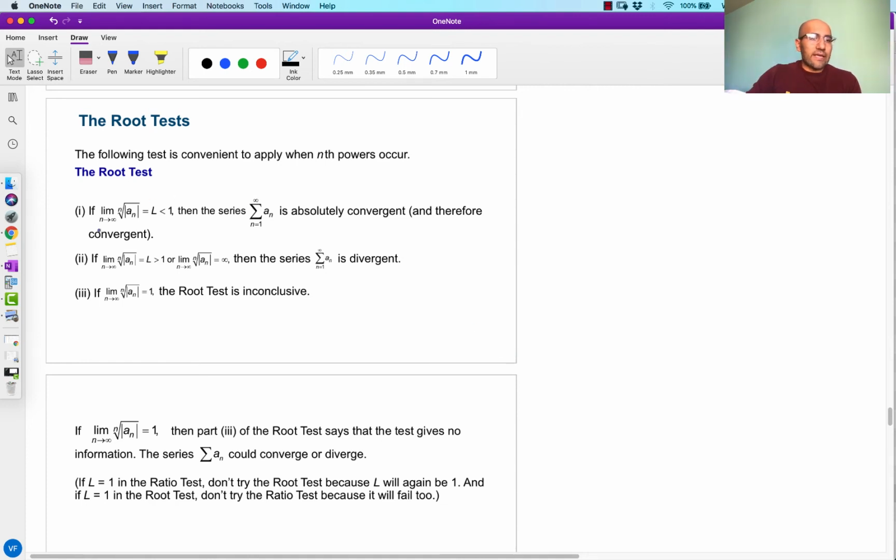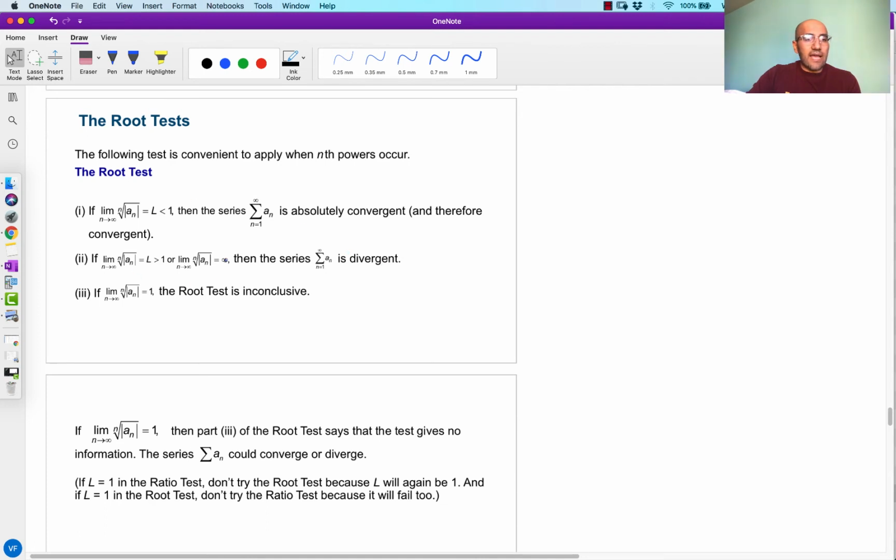So the root test indicates that if the limit as n goes to infinity of the nth root of the absolute value of a sub n equals L, which is strictly less than 1, some constant value, then the series a sub n is absolutely convergent and therefore convergent. If the limit as n goes to infinity of the nth root of a sub n is equal to L, which is strictly greater than 1, or it diverges, then the series is divergent, right?